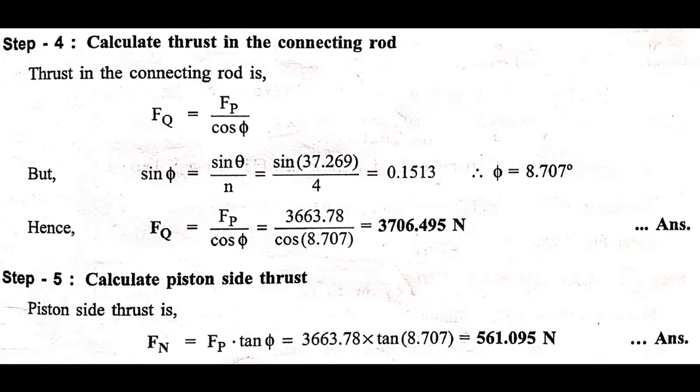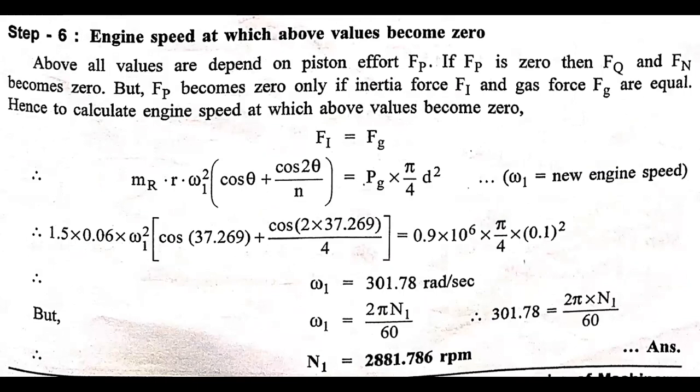Again, calculate the piston side thrust. So Fn is equal to Fp into tan phi, 3663.78 into tan 8.707 degree. We get 561.095 Newton.